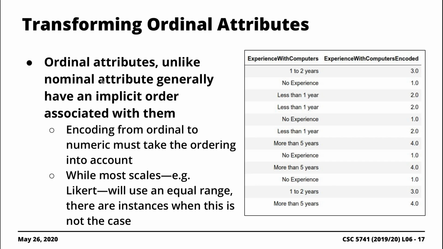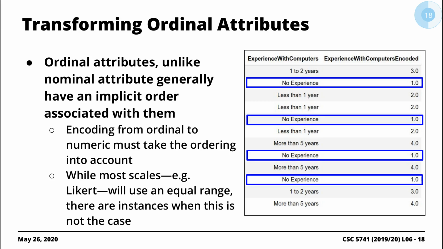So if you look at this example, for instance, what we're saying is that because no experience is essentially similar to zero, this is the starting point. What we're saying is that we're associating 1 to a person who has zero experience working with computers. Could just as well have been 0. It doesn't matter. We could have started from 0 all the way to, in this case, 3, but we just decided to start with 1.